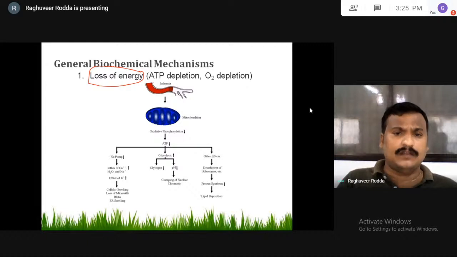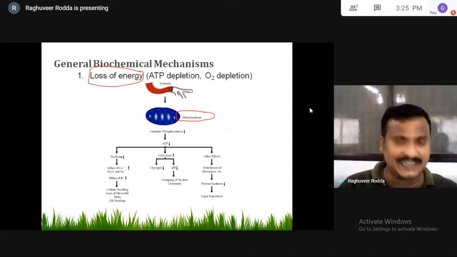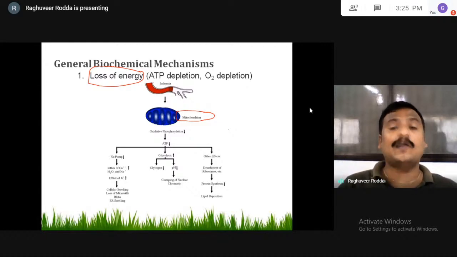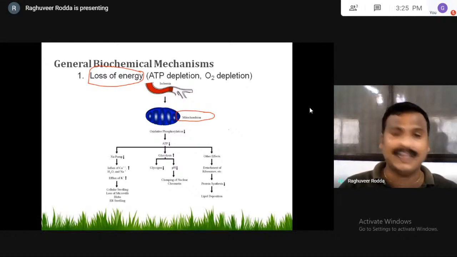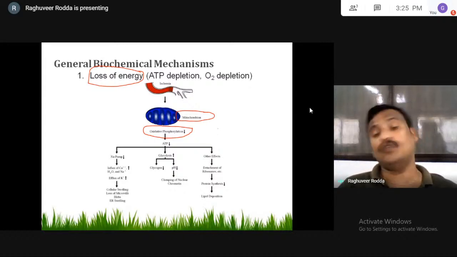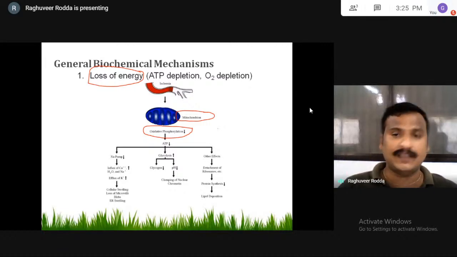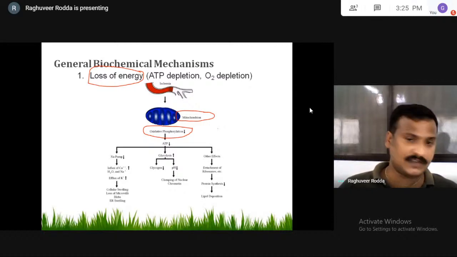Whenever the cell encounters ATP-depleted or oxygen-depleted conditions, it immediately faces a problem called inhibition of oxidative phosphorylation: production of energy by the utilization of oxygen and glucose within the oxysomes of mitochondria.